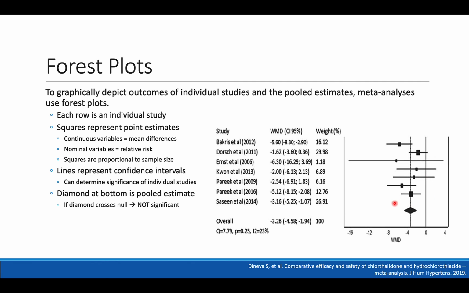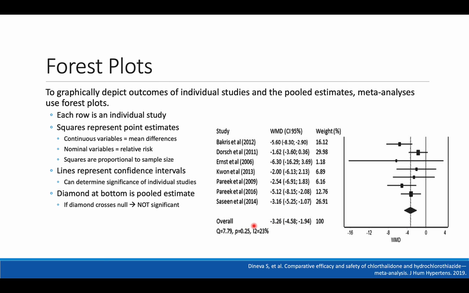However, at the bottom here, this diamond is going to represent our pooled estimate. Okay, so once we combine all these studies, we have this diamond, and the vertical line going through the diamond is going to represent the total pooled estimate, which in our case is negative 3.26.